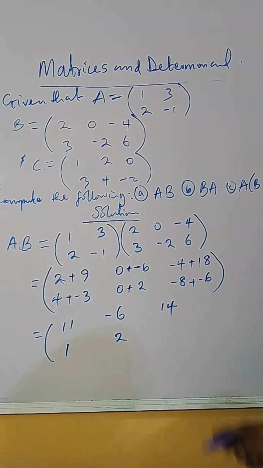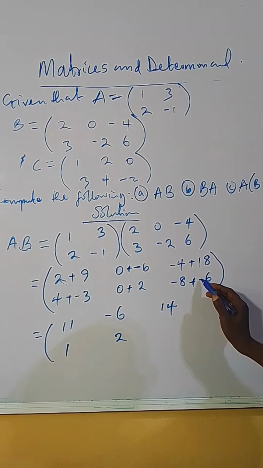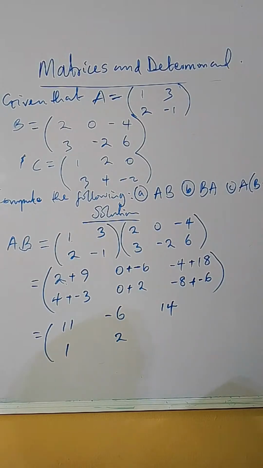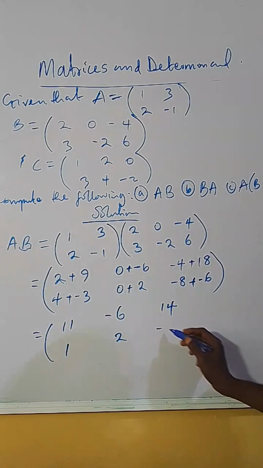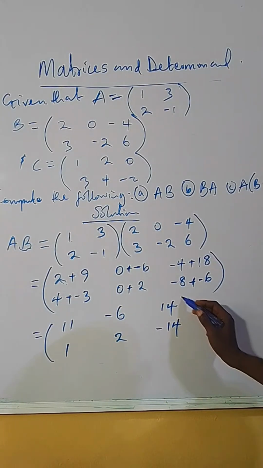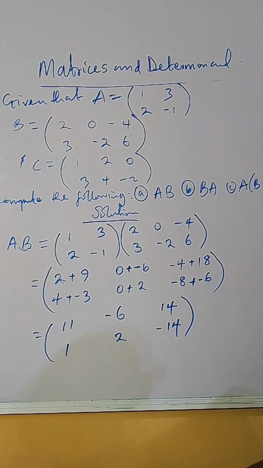Minus 8 minus 6 becomes minus 14. Here we have the result of A times B as this 2 by 3 matrix. So that's what we have for the first one.